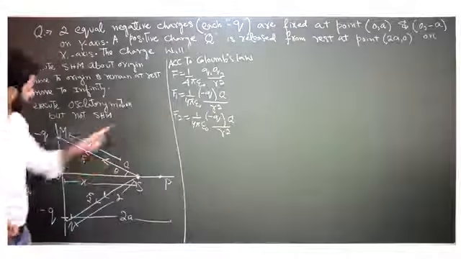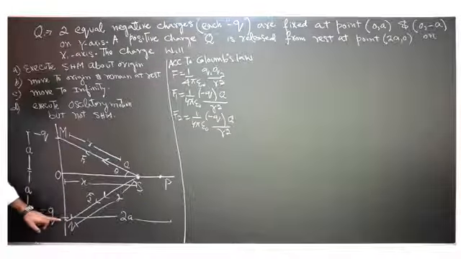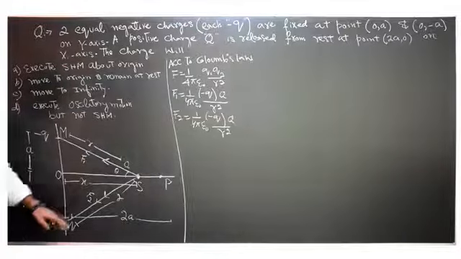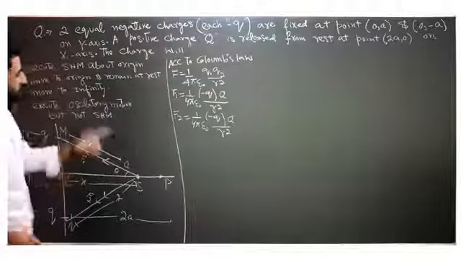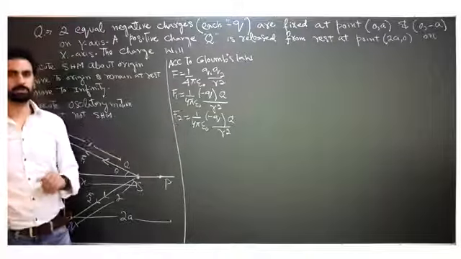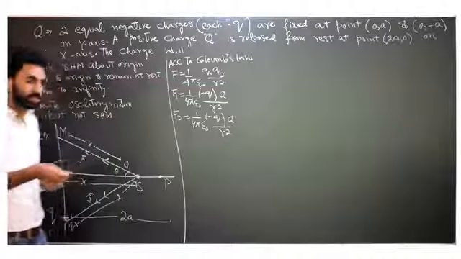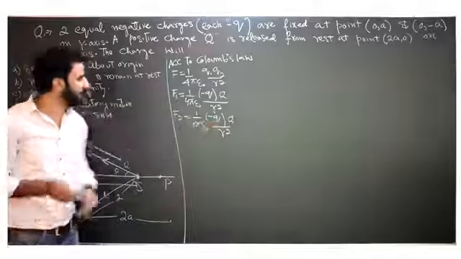This is force F1 due to charge minus Q. This force F2 is due to charge minus Q placed on the negative y-axis. Now, if we have a look at these two forces, what we see here is that these two forces are equal in magnitude, but they are not in the same direction. We can see from here, every term is the same, so they are equal in magnitude.